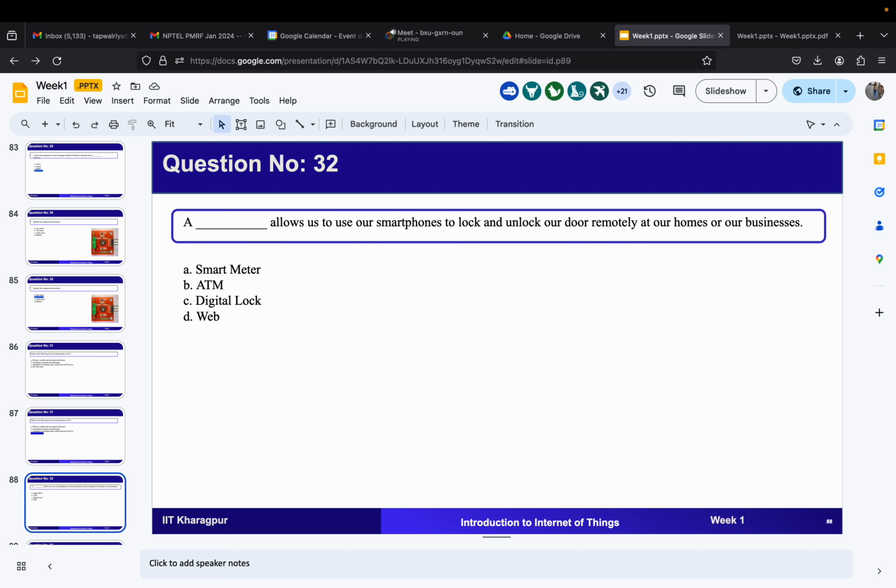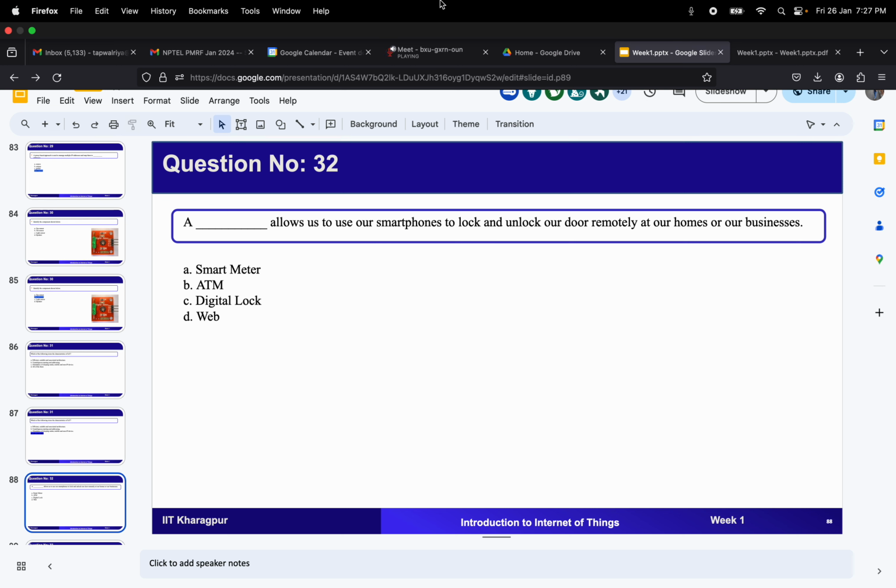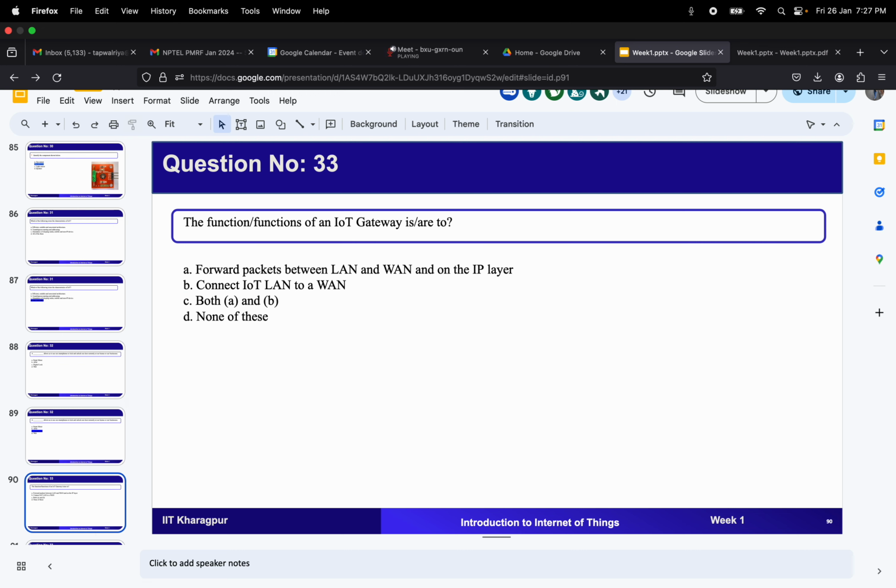Next question is a blank allows us to use our smartphones to lock and unlock our door remotely at our homes or our businesses. Options are smart meter, ATM, digital lock, web. Digital lock. Right, digital lock is correct. Next question is the function of IoT gateway.